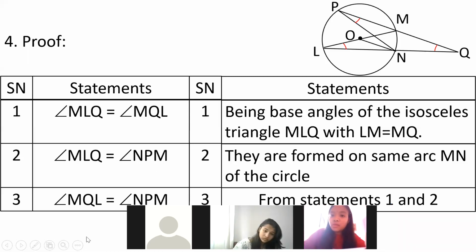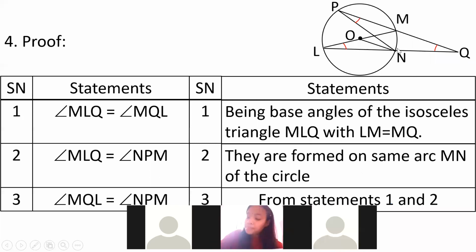Here we have seen these two angles equal. Then what must be the type of triangle PNQ? Base angles equal, these two angles equal, then the sides opposite to the equal angles are also equal. So we can say PN equals NQ, because base angles equal, then the triangle must be isosceles.